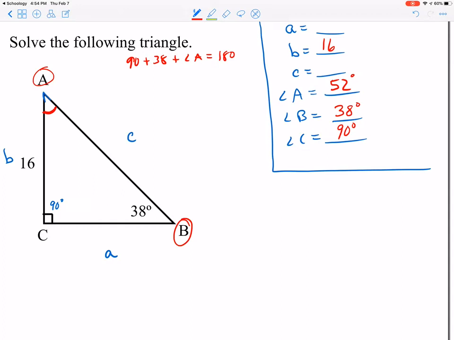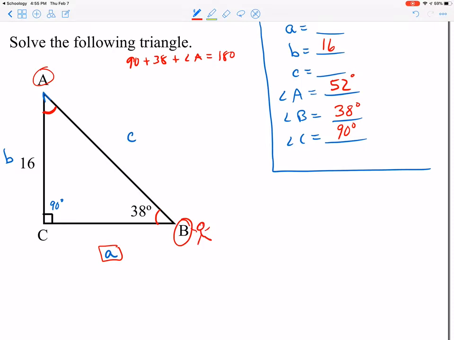Now, let's find the other two side lengths, A and C. I already know what B is. Let's say I want to find side A. In order to get side A, I'm going to stand at the angle of 38 degrees.